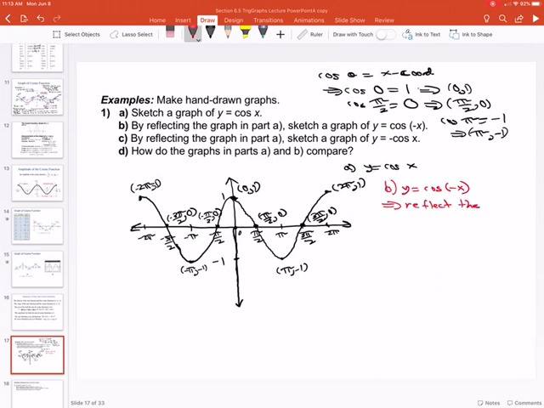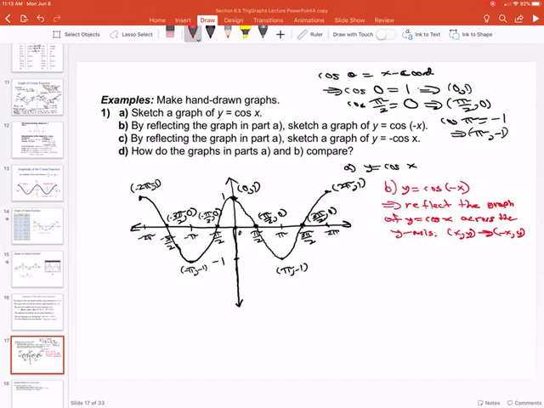So that implies reflect the graph of y equal cosine x, which we already have sketched over here in black, to the side. Reflect the graph of y equal cosine x across the y-axis. Right? Every ordered pair, so that implies every point x, y, we're going to plot the point negative x, y.